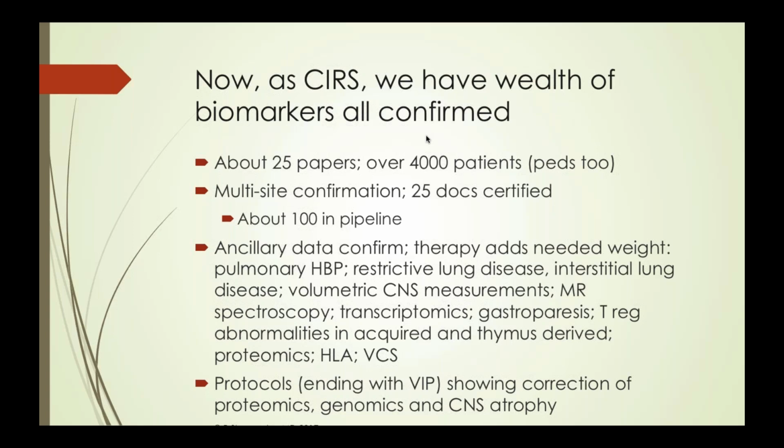There are changes that occur in the cardiopulmonary unit. This has to do with significant vasoconstriction that occurs in this patient population due to these changes in their proteomic profile. It can lead to restrictive lung disease.